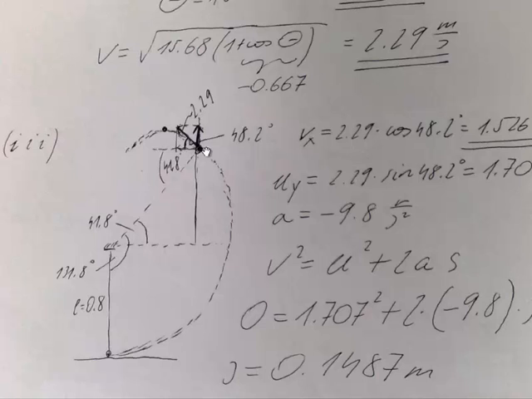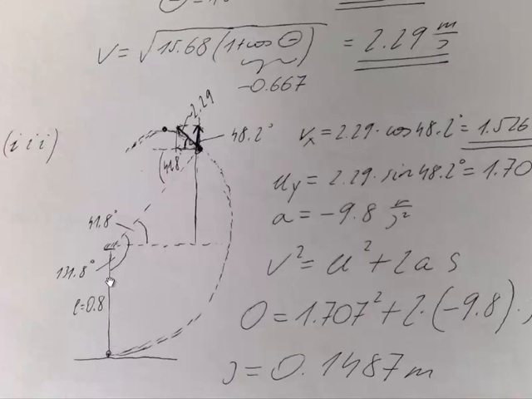The horizontal component doesn't change, and at the highest point the vertical component is 0, so at the highest point the velocity is the same as the initial horizontal velocity.